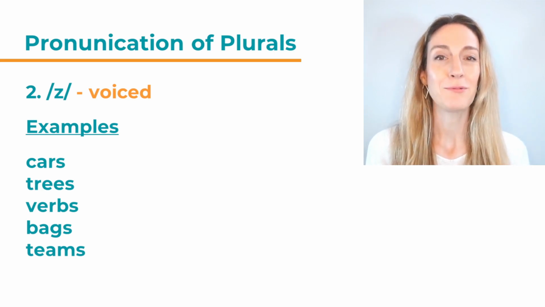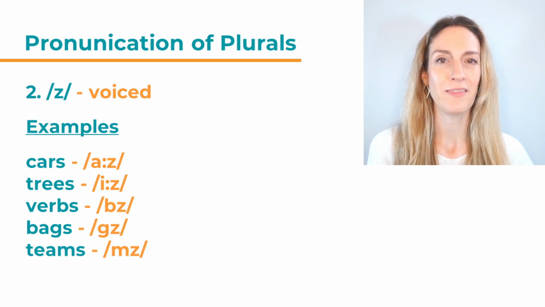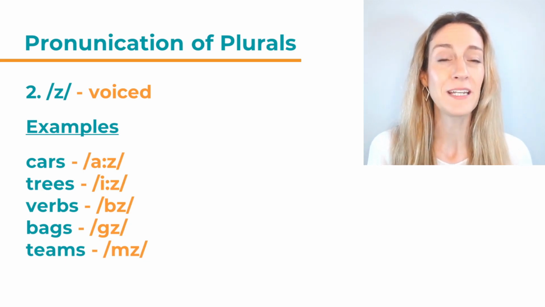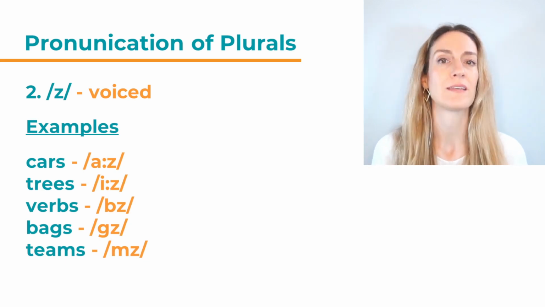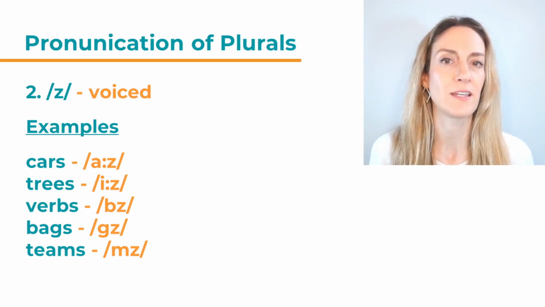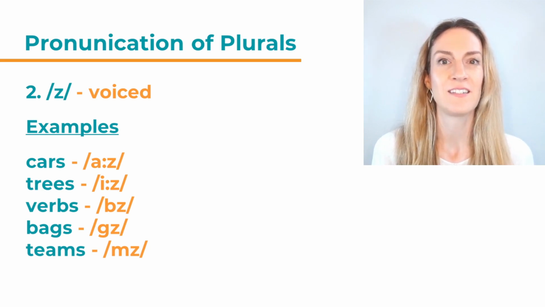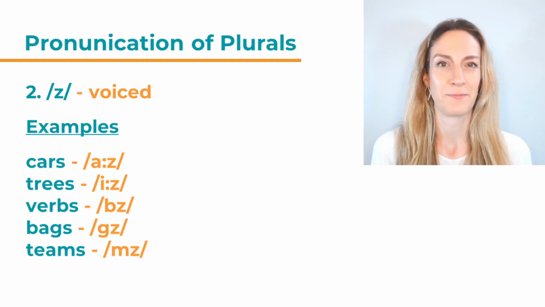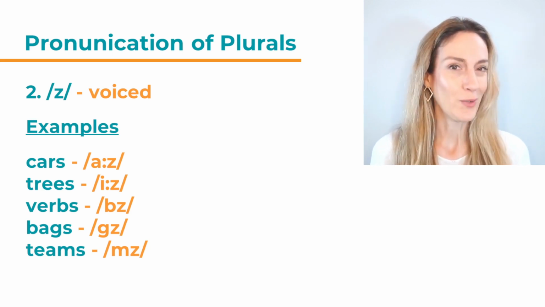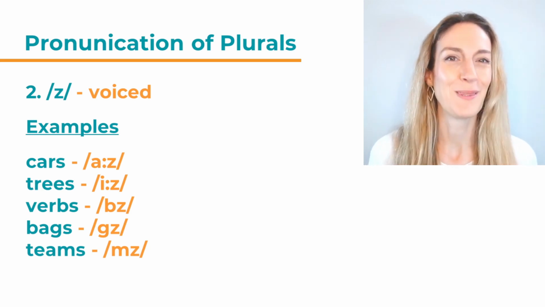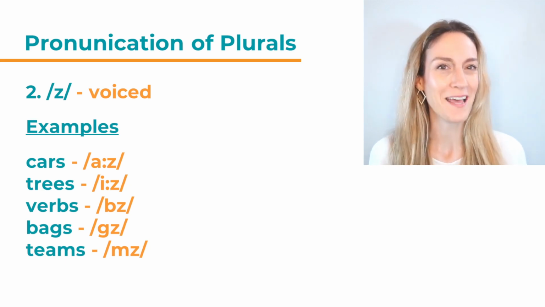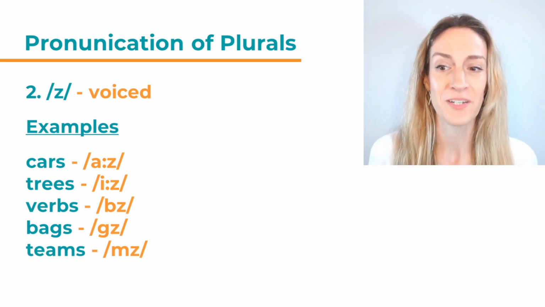Hopefully you were able to identify what they have in common, and again we need to look at the last two sounds in each of these plural nouns. We have as, is, bz, gz, mz. Yeah, I know it sounds funny on its own, but those are the last two sounds in each word.